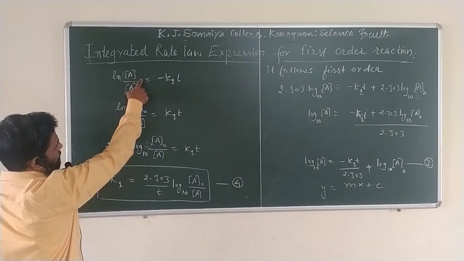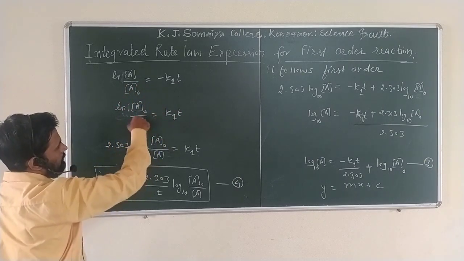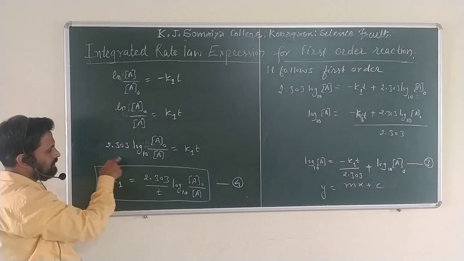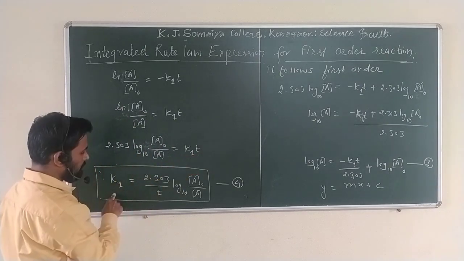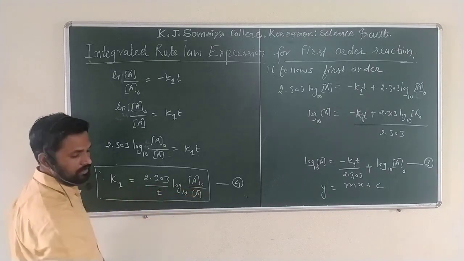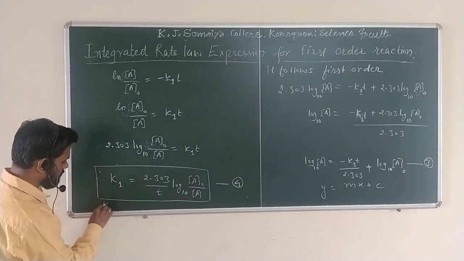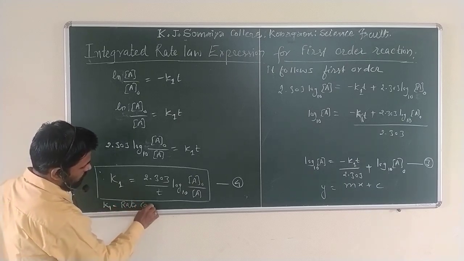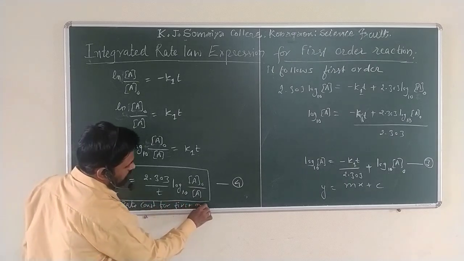This is ln A upon A0 equal to minus K1 T. If the negative sign is shifted, it becomes ln A0 upon A, which is converted into log to the base 10: 2.303 log 10 A0 upon A is equal to K1 T. Now K1 equals 2.303 upon T log 10 A0 upon A. This is the rate constant for first order reaction.